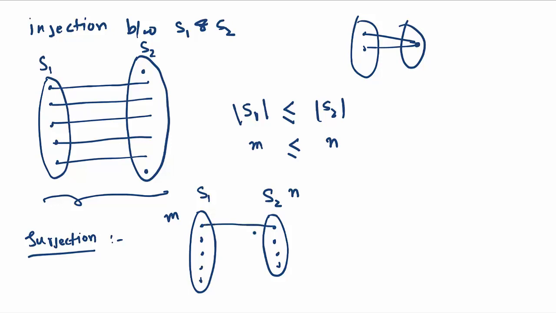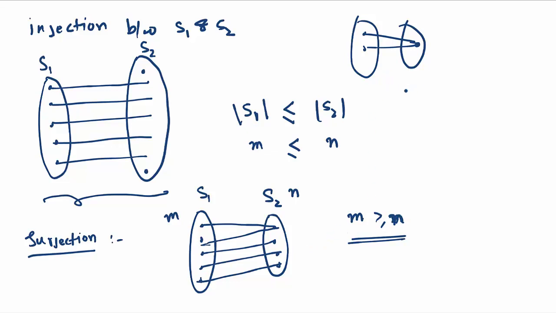So we should not leave out any element in S2. So this kind of possibility is there in surjection. So when can we say surjection is possible? Whenever m is greater than or equal to n, then we can say surjection is possible.